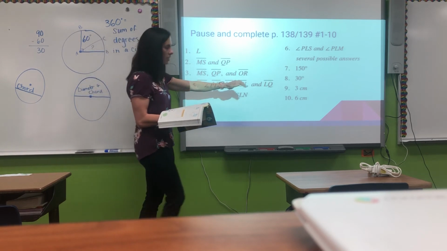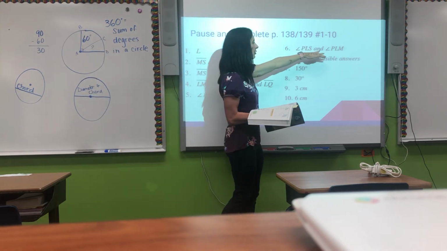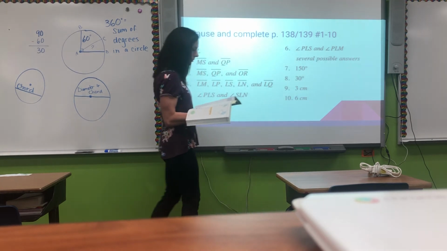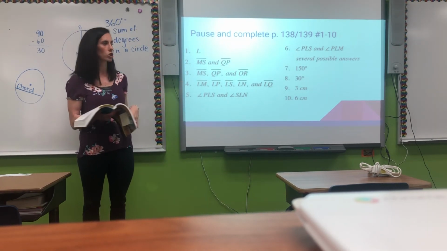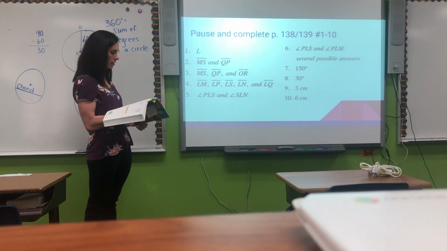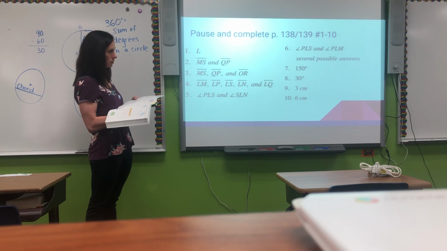Now on number 6, supplementary angles, we had several answers. So you're looking for 2 angles that together would make a straight line, okay? So we have PLS and PLM. Those would make a straight line. You could also have PLS and SLQ.